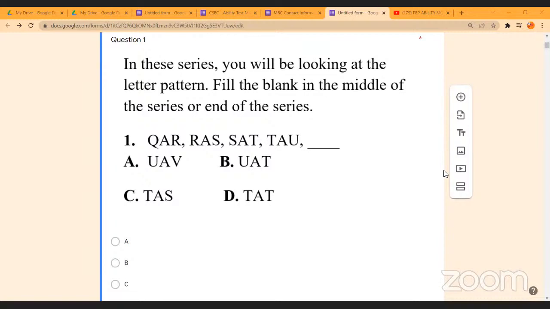Hold on, let me see if I can make that note. So we're going in this order: Q, R, S, T. So that's for the first letter.